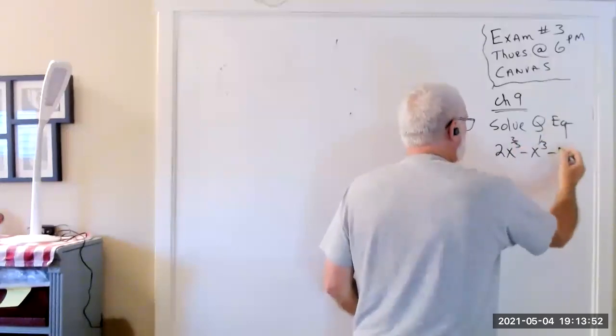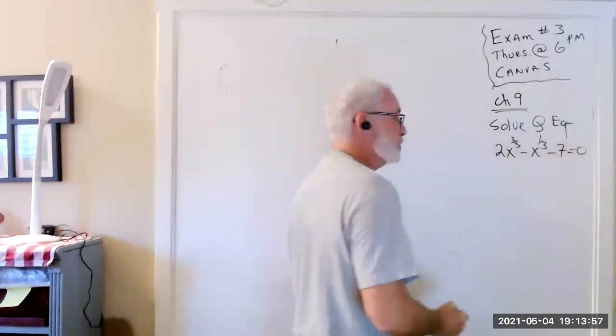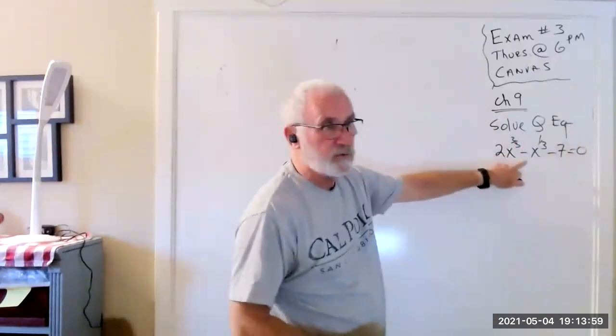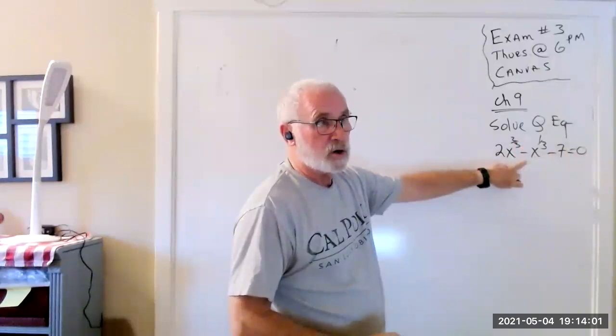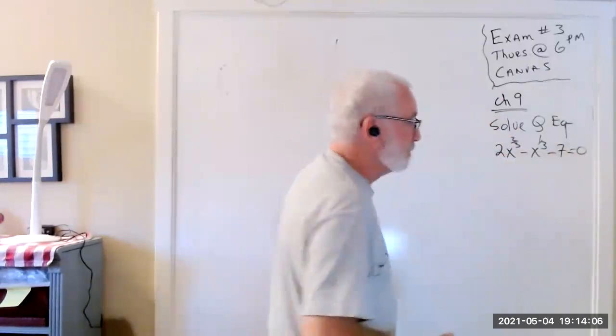I don't know if this even has an answer. But those kinds of equations are going to be on it. Those are all from chapter 9. So don't forget that.